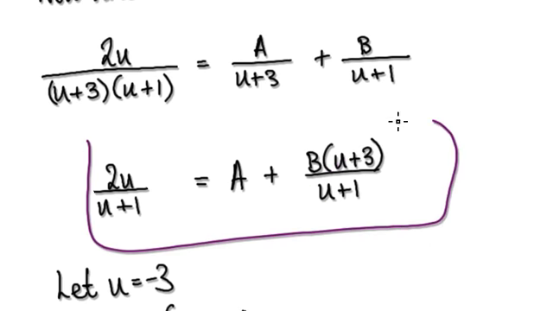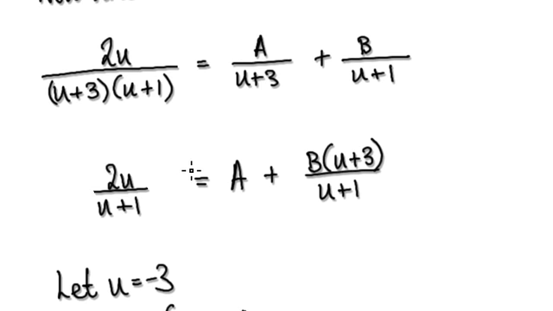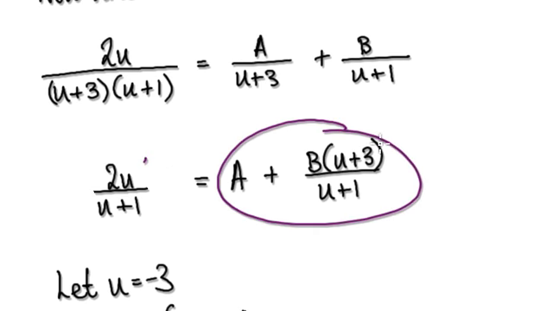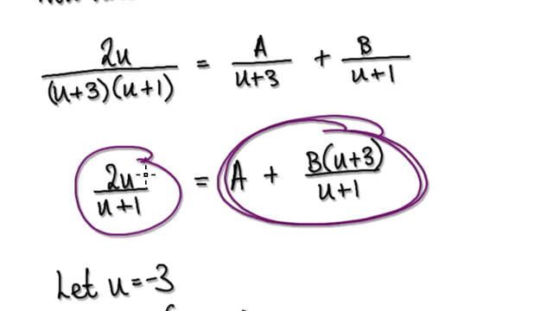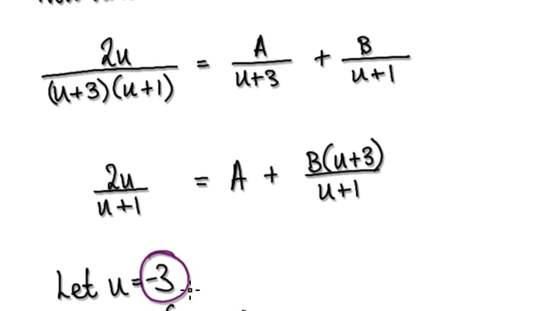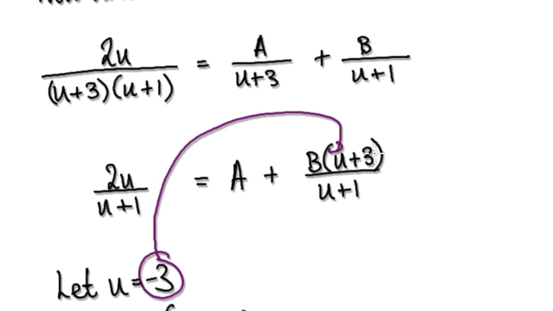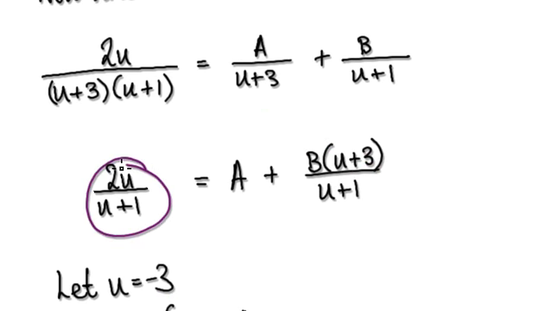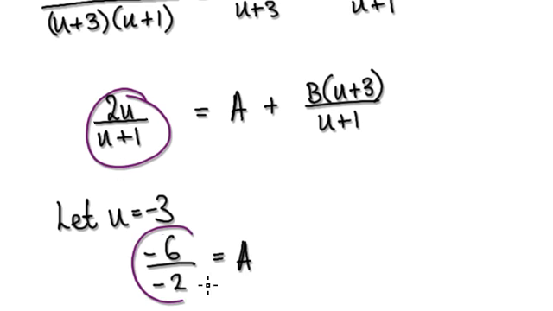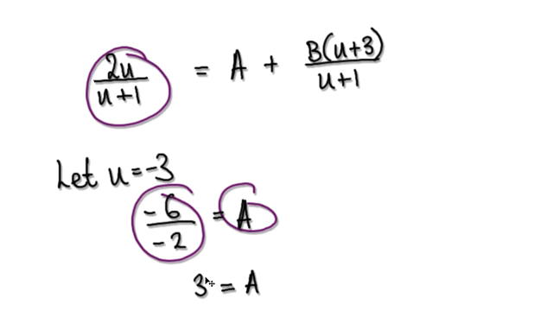The point is that you've got to find values of a and b such that it will always be true. When you let u be minus 3, this whole thing here will be 0, and this thing here will be this. So a really is 3.